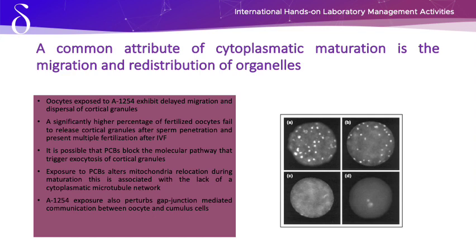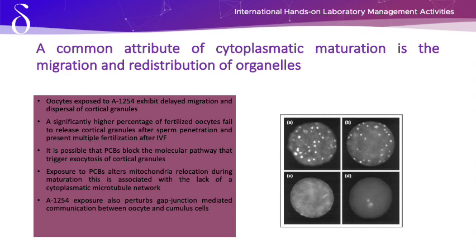So there are many chemicals in our world today. Many thousands have been produced since the Second World War, hundreds of thousands, in fact. Many of them are detrimental to us and to the quality of oocytes.